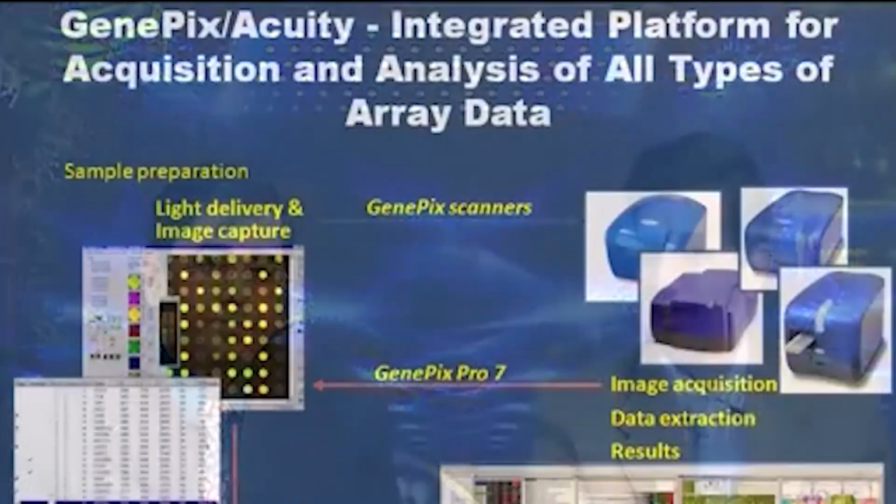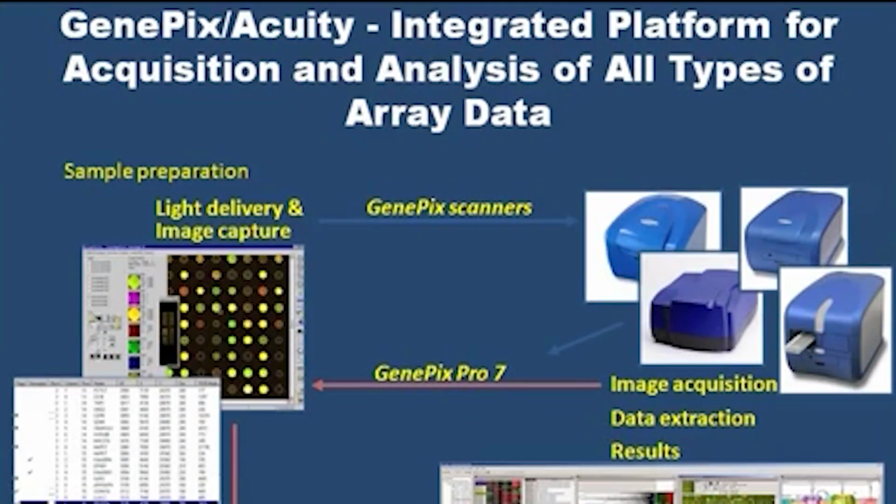Right. So can we talk a little bit about the platforms which are used for acquisition and analysis of these microarray data? Sure. So in the form of hardware, as we have discussed, there are a number of different possibilities in the form of GenePix, right from 4000B to 4300, 4400.